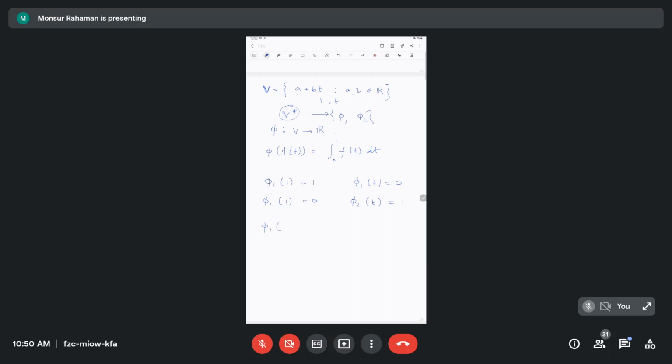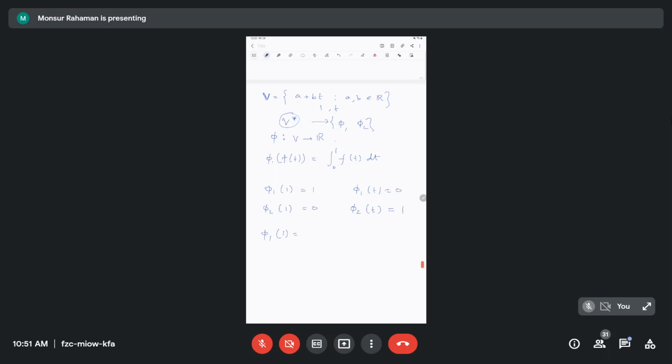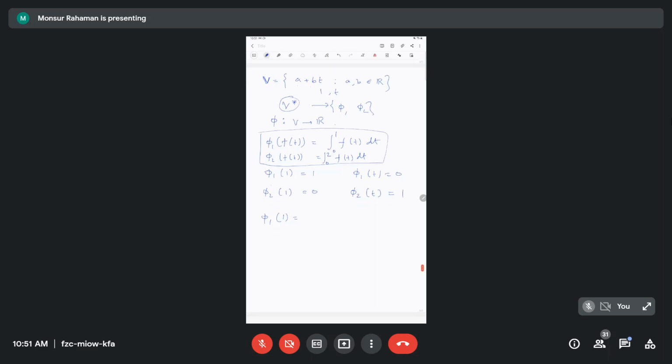So phi 1 will be... what will it be? Oh, sorry. This is defined as phi 1 and phi 2, f of t is 0 to 2 f of t dt. It's two different functions.